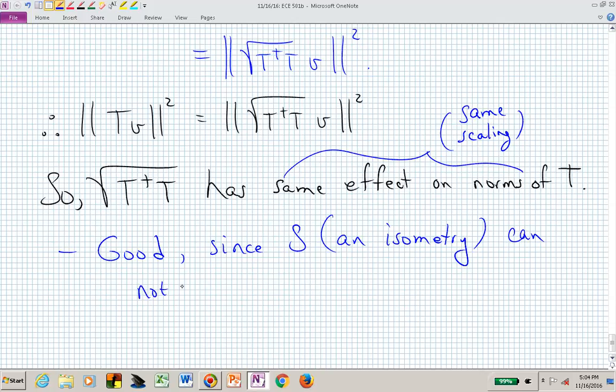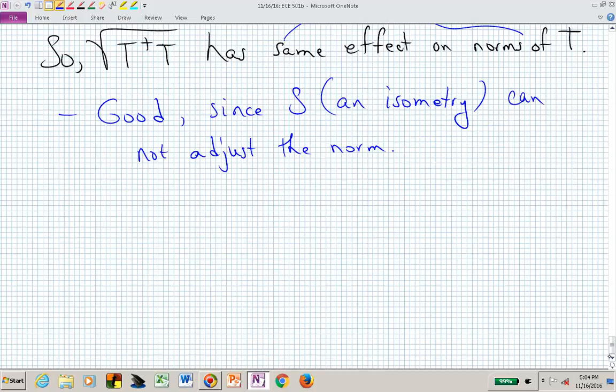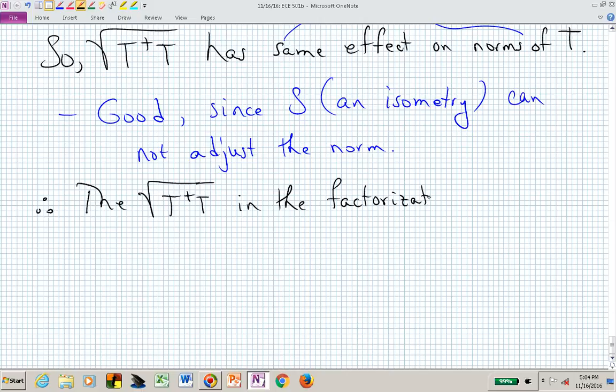It cannot adjust the norm. Therefore, the square root of T dagger T in this decomposition or in the factorization is really going to do the work that we need it to do.